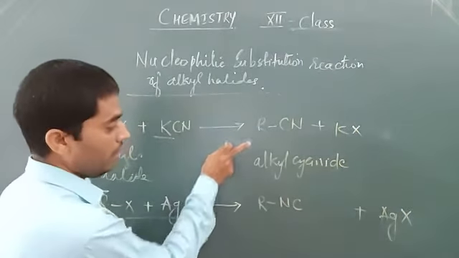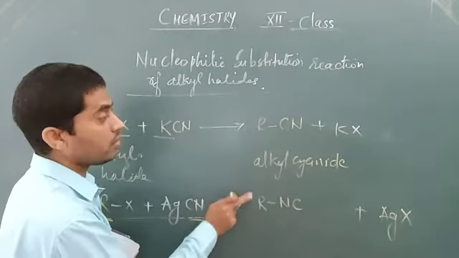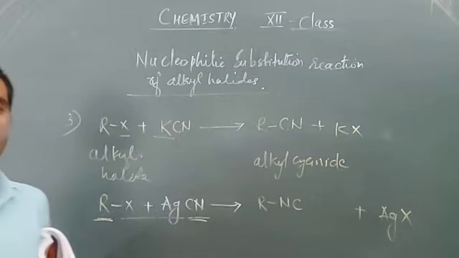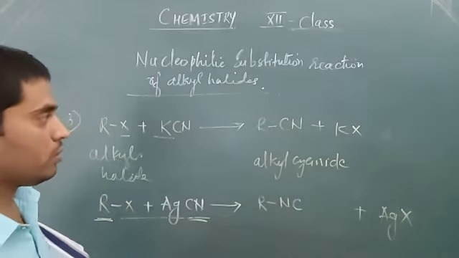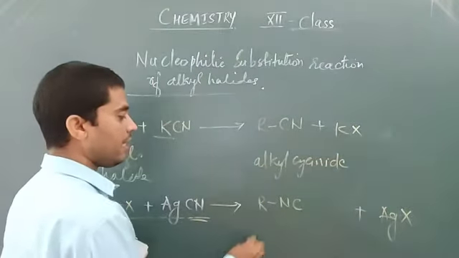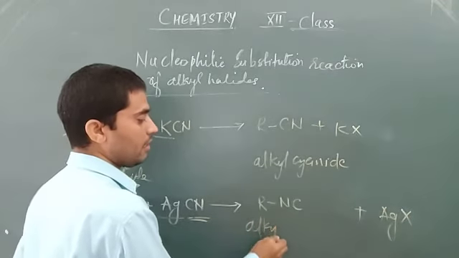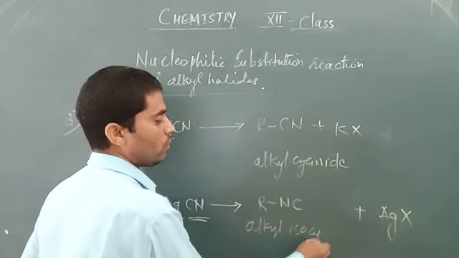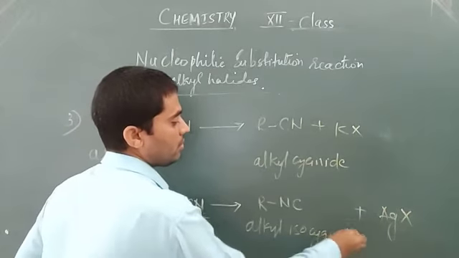Look, here is a major difference. RCN and RNC both are different compounds. This is alkyl cyanide and this is alkyl isocyanide.